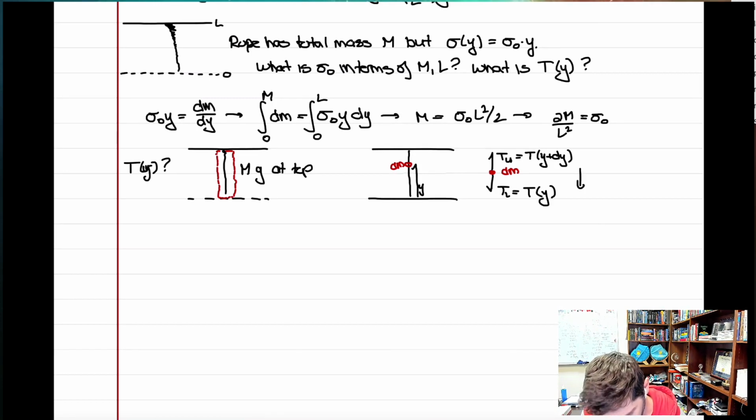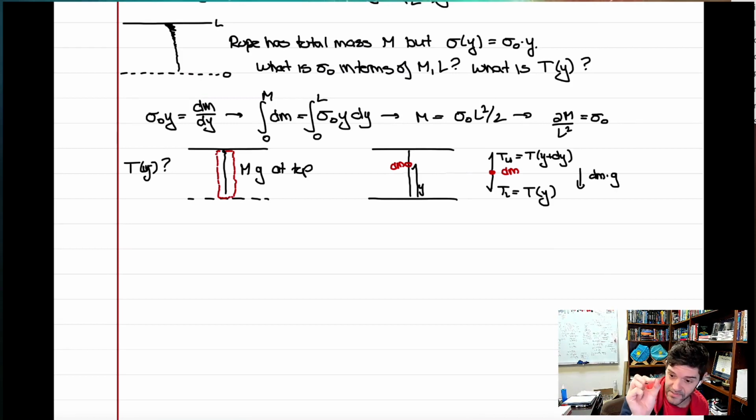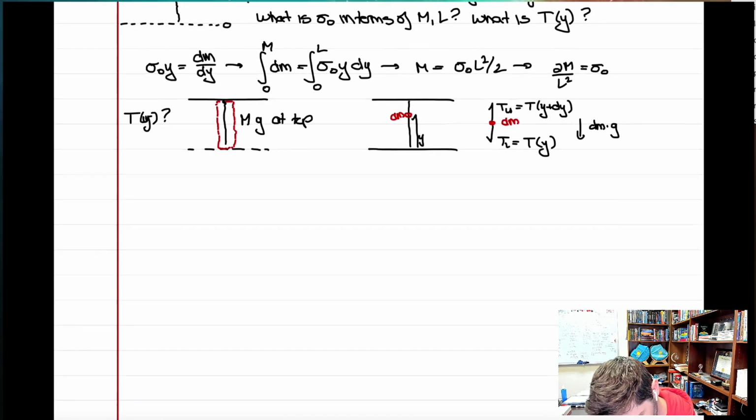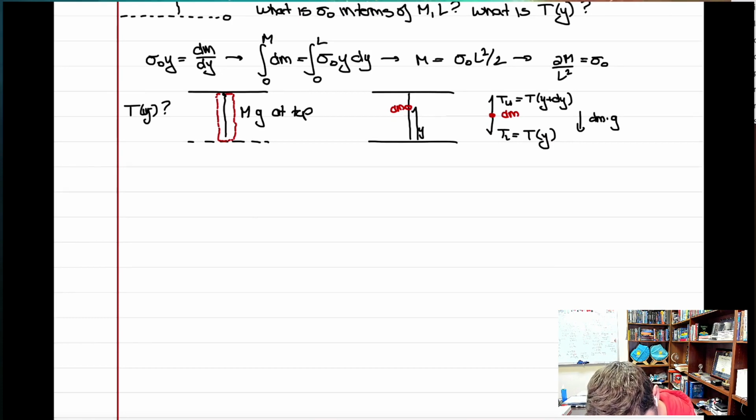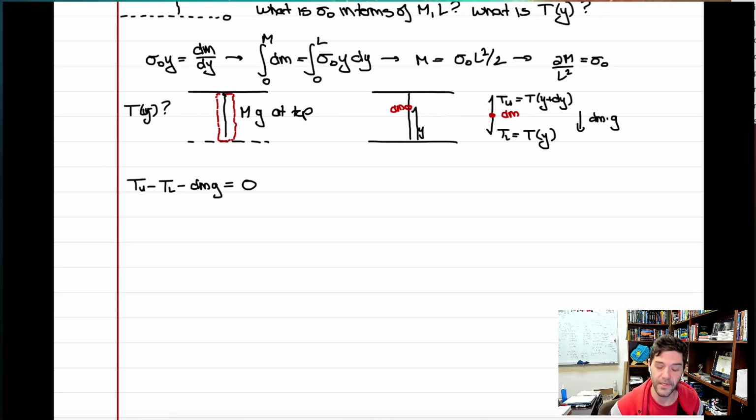And then I also have gravity pulling down with force dm times g. It's small because I'm looking at a tiny piece of mass, but nonetheless gravity is pulling down on that little red dot. So I have the tension on the upper rope minus the tension on the lower rope minus dm times g. Since everything is static, that had better equal 0.